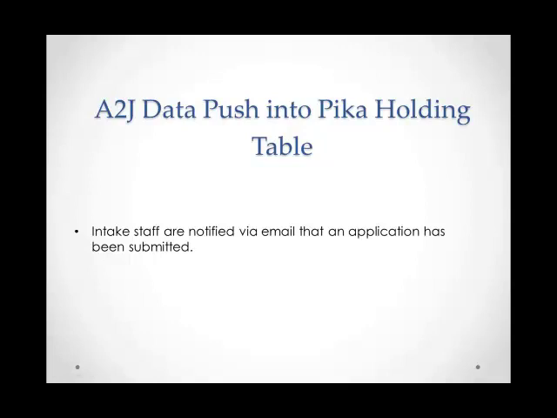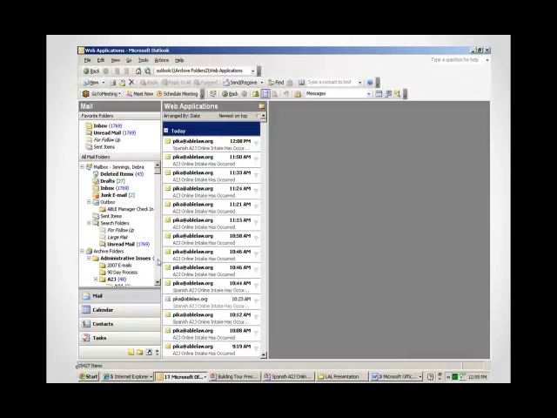We elected to take advantage of the fact that an email notification that an online application had been submitted was available. So the initial notification to Legal Aid Line that a web app has been submitted, either in English or in Spanish, is an email notification.